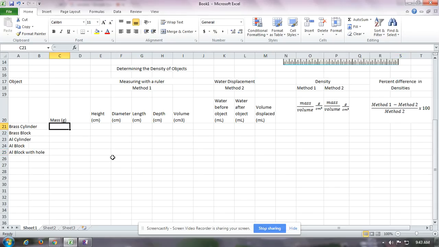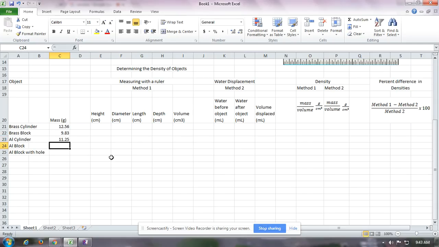A triple beam balance measures two places to the right of the decimal. So I'm just going to make up some numbers. Let's say 12.56. The block might be 9.83. The aluminum cylinder might be, I don't know, let's say 11.25.